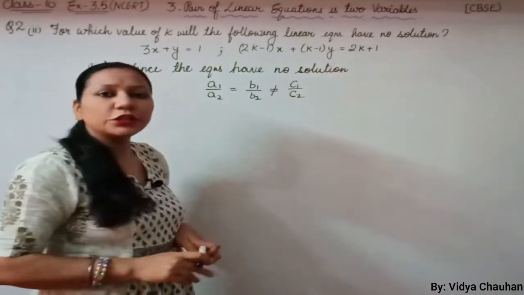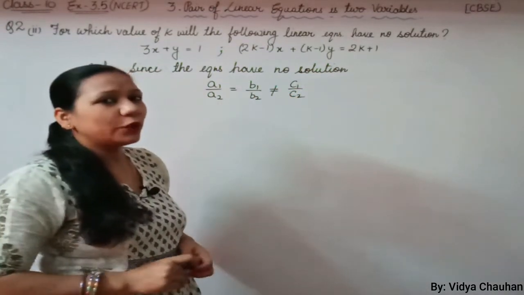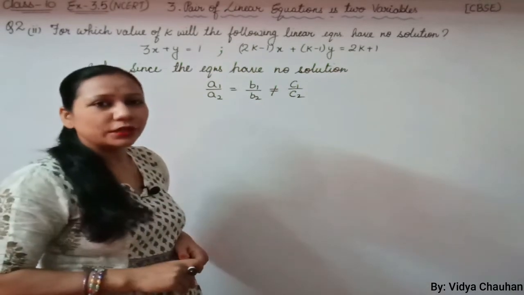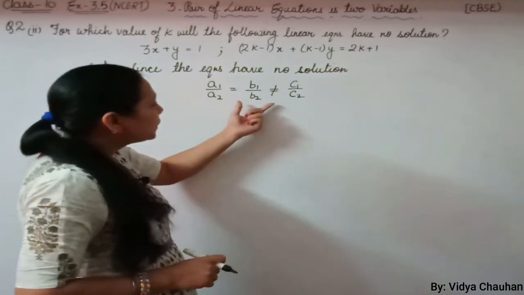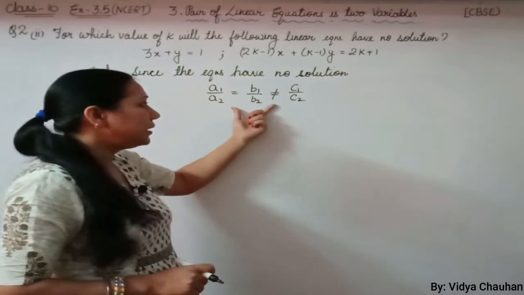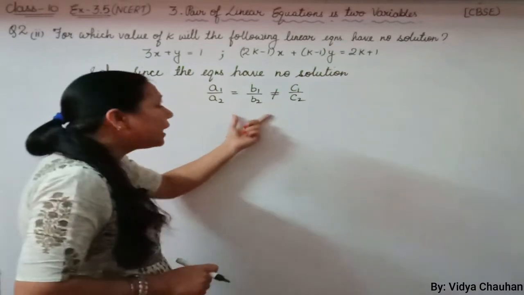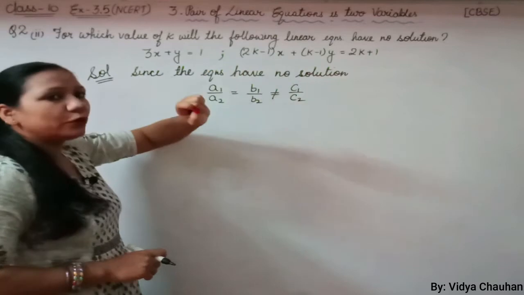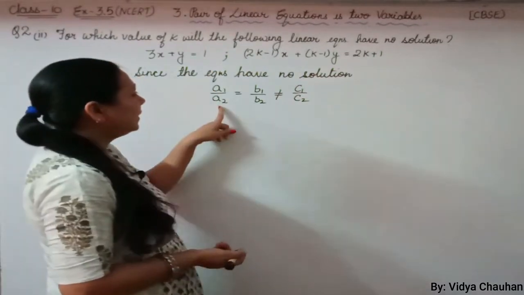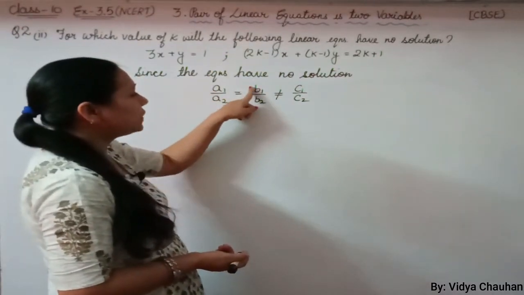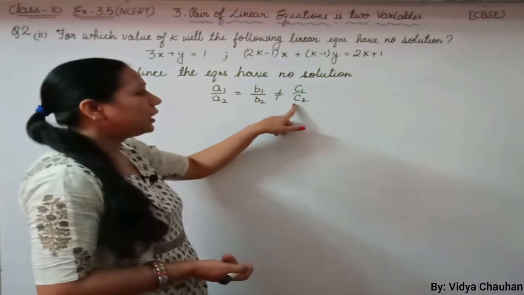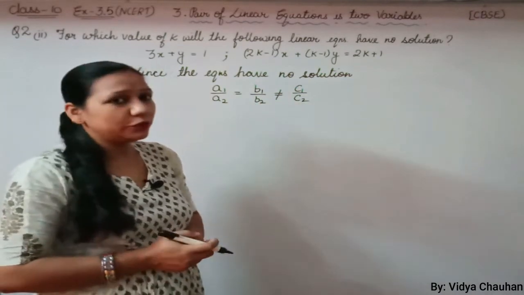This was our condition for the pair of linear equations which has no solution, right? So we will use this condition of no solution and proceed further to find the value of k. So students, the condition is a1 upon a2 equals b1 upon b2 not equal to c1 upon c2 for no solution.